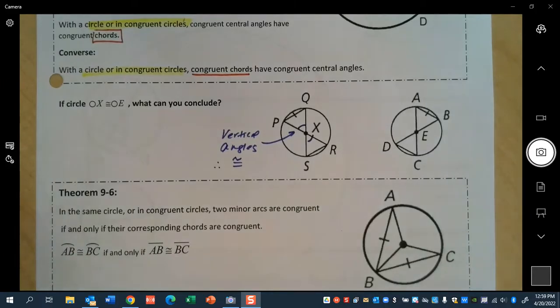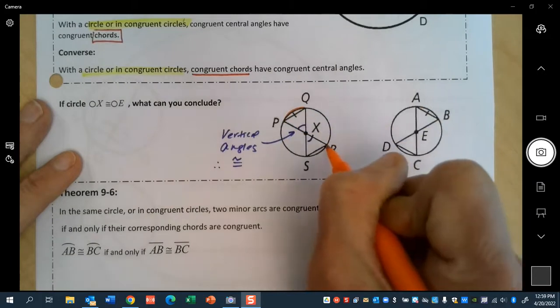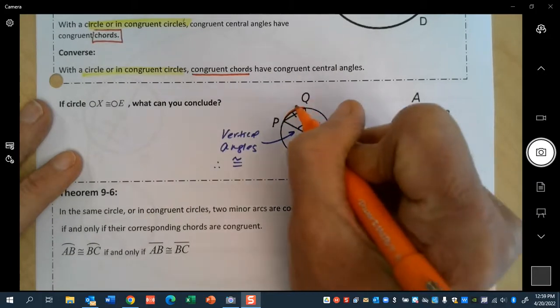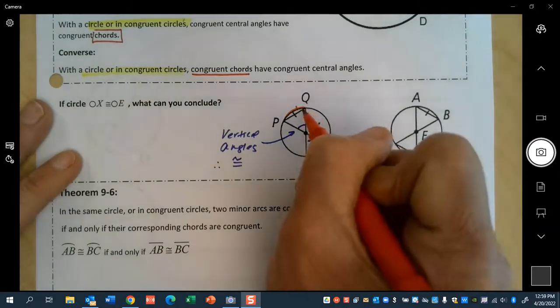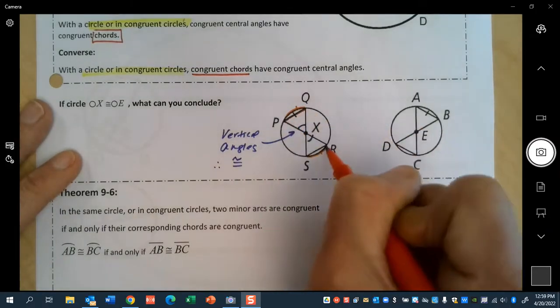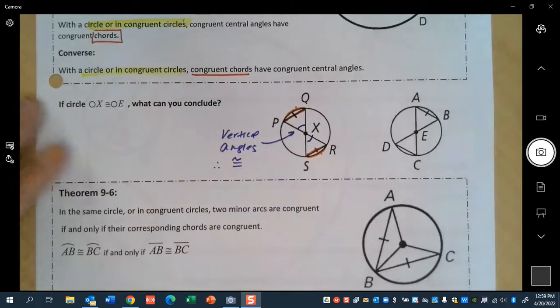Because once the angles are congruent, I know the arcs are congruent, and I can mark that with a little mark. And once I know the arcs are congruent, I know the chords are congruent. So just from one idea of vertical angles, I now have my arcs and my angles and my chords.